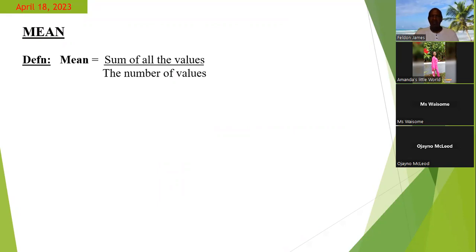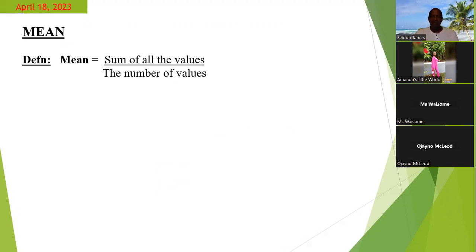Now, most of you, if not all, would have met the mean before, because the mean is generally the one that we refer to as average, right? From primary school, I think the first type of average that you learn is the mean, where you sum up all the values and you divide by the number of values, right?